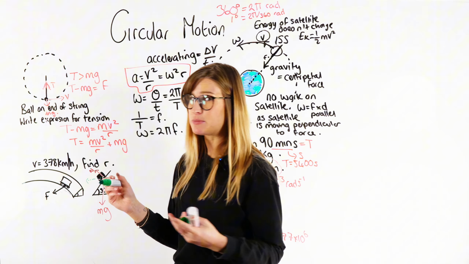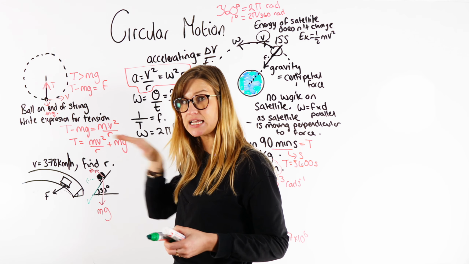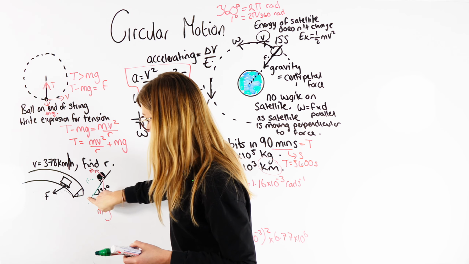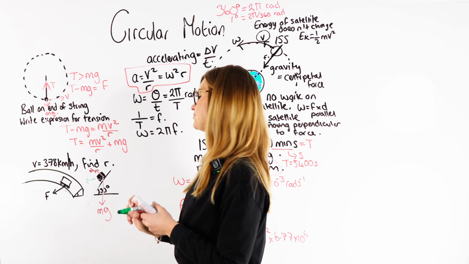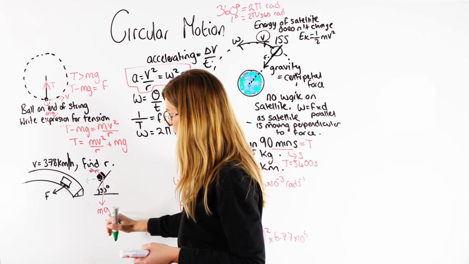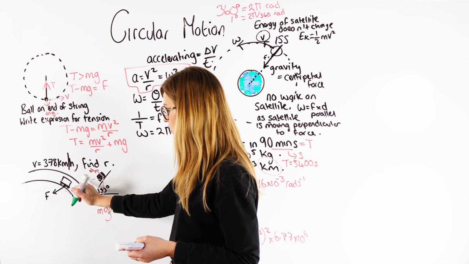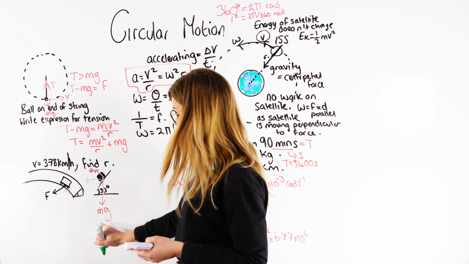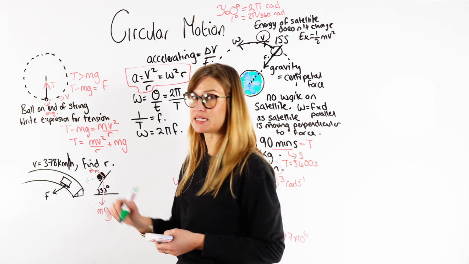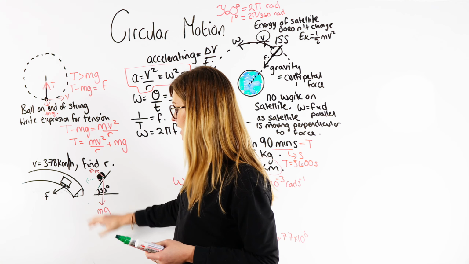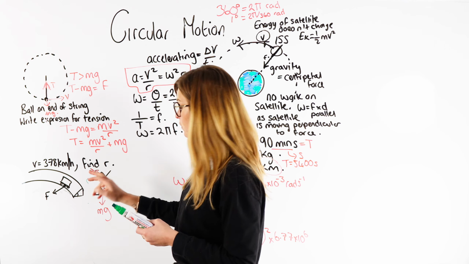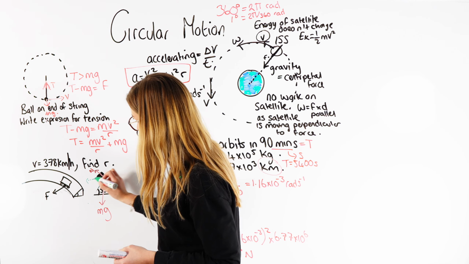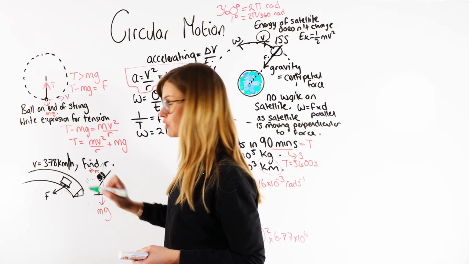A misconception is people trying to draw the centripetal force along the slope, but that's not the center of the circle, because on a banked curve the center is horizontal from the car. So we resolve to figure out which component is causing that centripetal force. The weight is exactly perpendicular to that centripetal force, so it must be because of the normal force. We can resolve that normal force into its vertical and horizontal components.